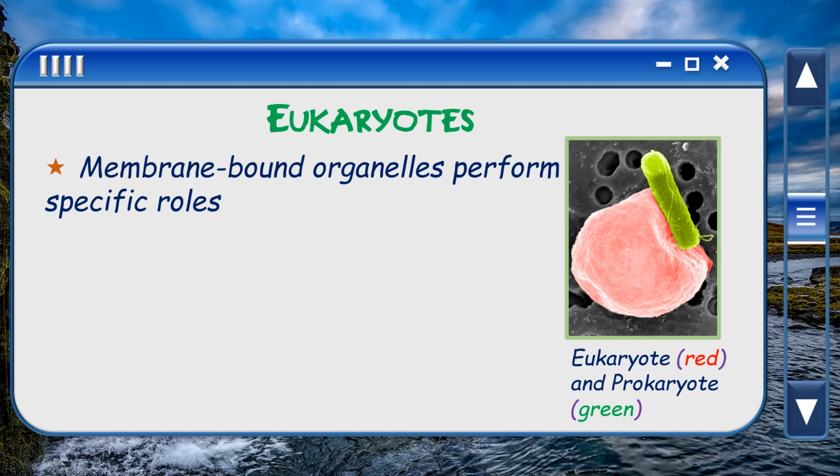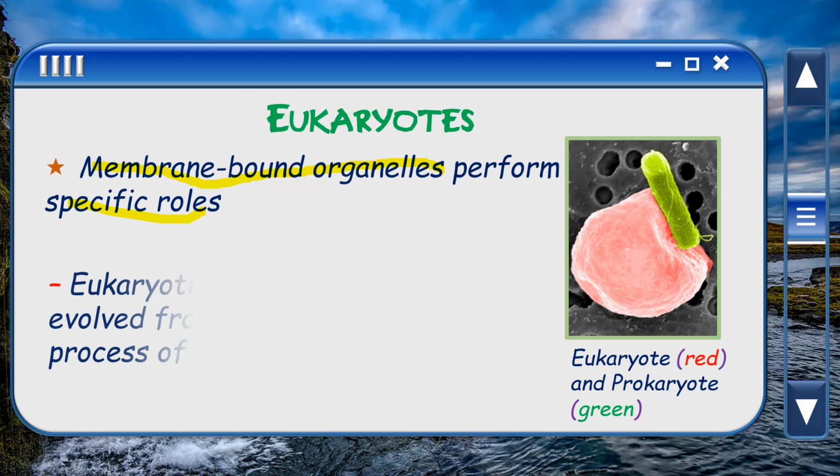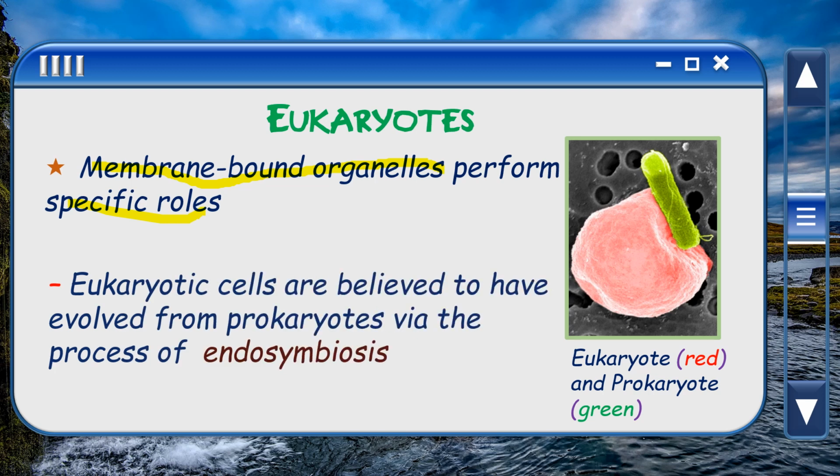The eukaryotes have membrane-bound organelles that perform specific roles. Eukaryotic cells are believed to have evolved from prokaryotes via a process of endosymbiosis.